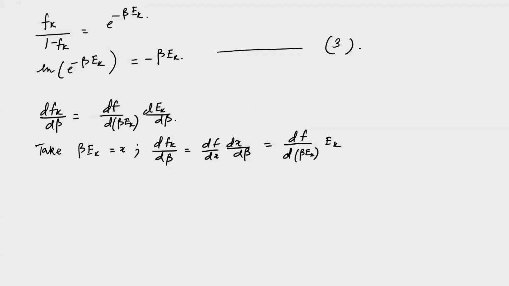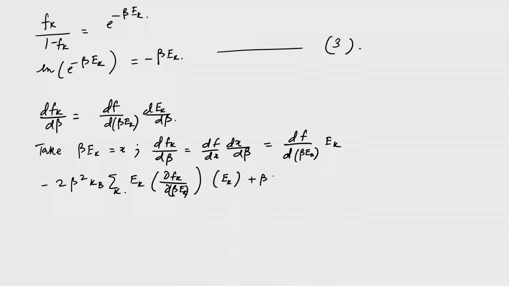And so, this is equal to −2β²k Σ_k, that is, E_k and ∂f_k/∂(βE_k), so this is E_k plus β dE_k/dβ. So, that is equation number 4.